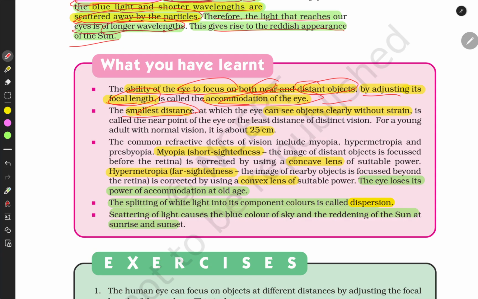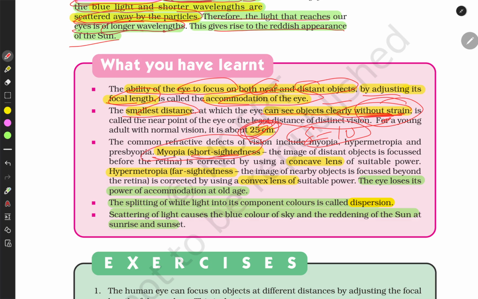And the smallest distance we can see clearly without strain is 25 centimeters. This is important, because I can see very close, like 5 centimeters, even 10 centimeters. We usually use our phone very close, like 5 to 10 centimeters, when we lie down to sleep, but this causes strain in our eyes. So 25 centimeters is the distance without strain.